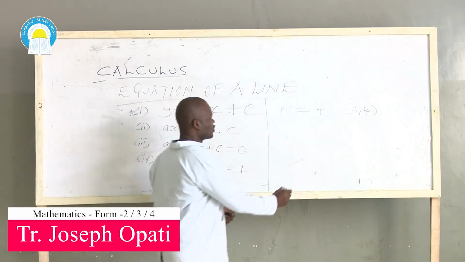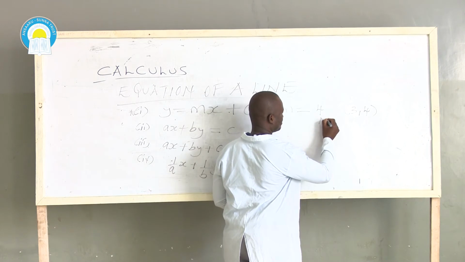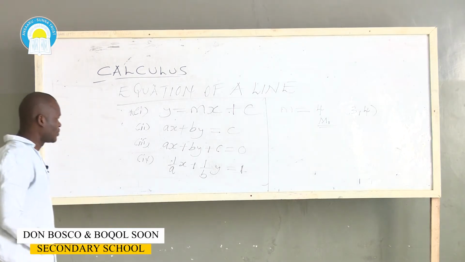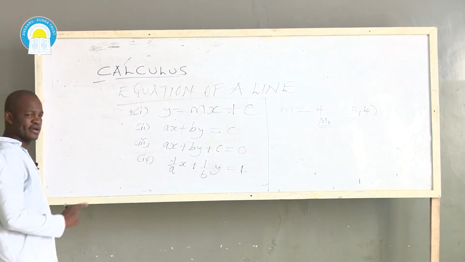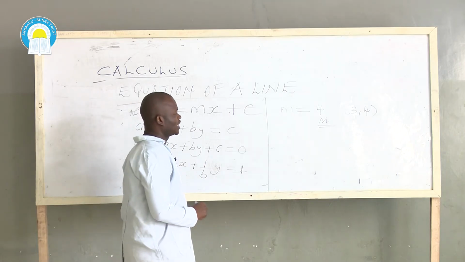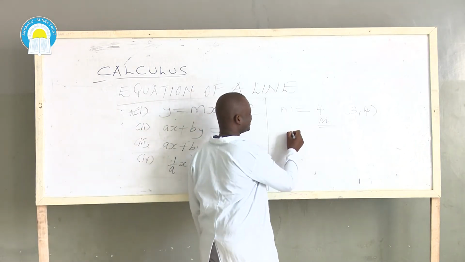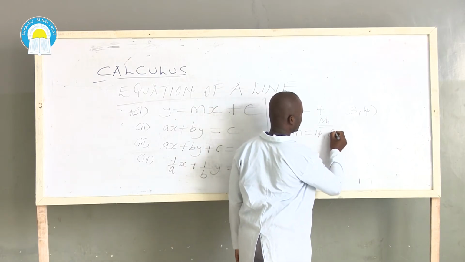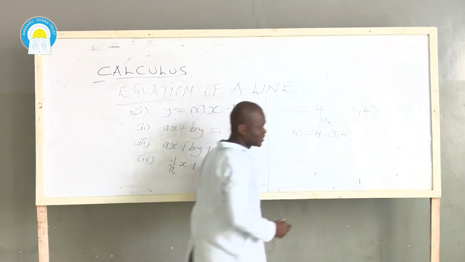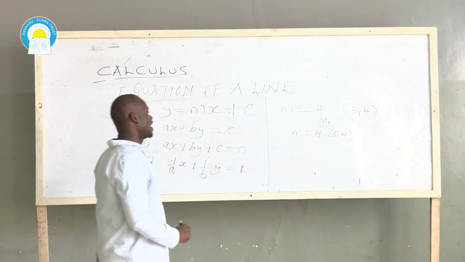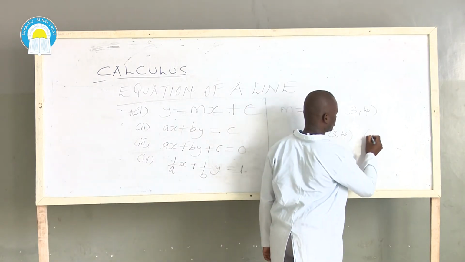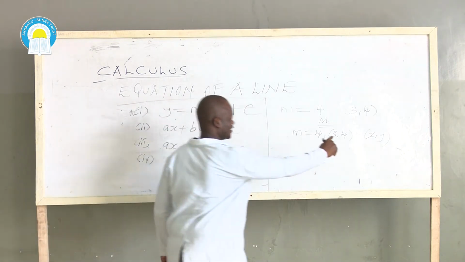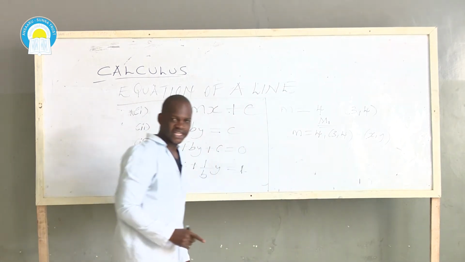So we have the following two approaches which can be used. Method one of finding the equation of a line: we have the gradient 4, we have the point 3, 4. This will be the approach. I'm going to consider the gradient 4. I'm going to consider 3, 4, which is a point where the line passes through. And then I'm going to introduce a point x, y. Then connect this, that, and that in an equation.